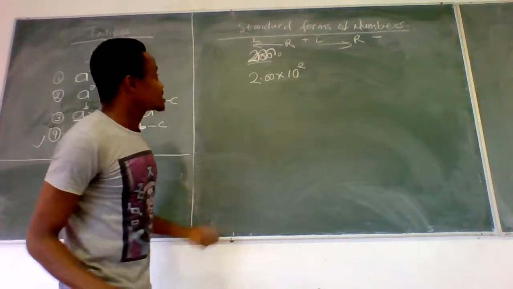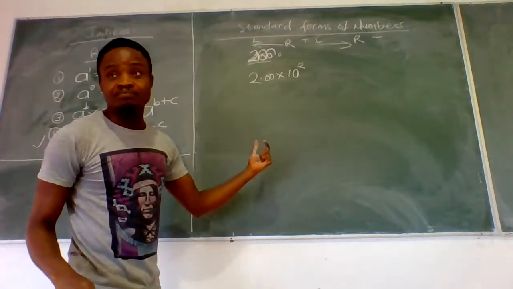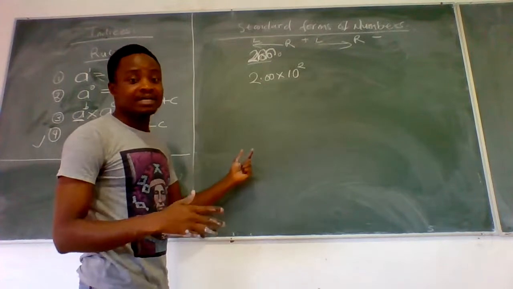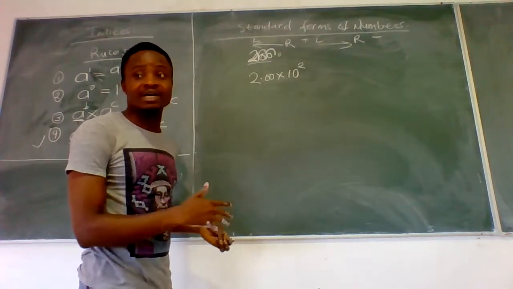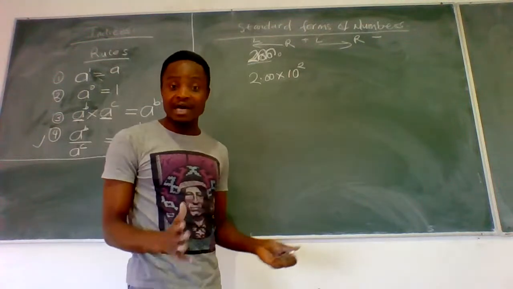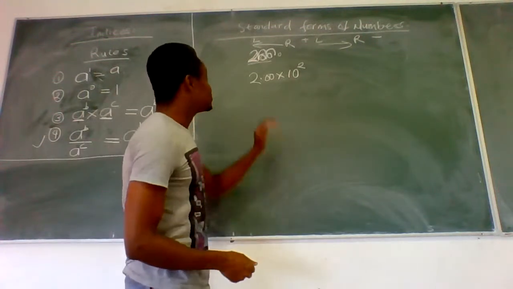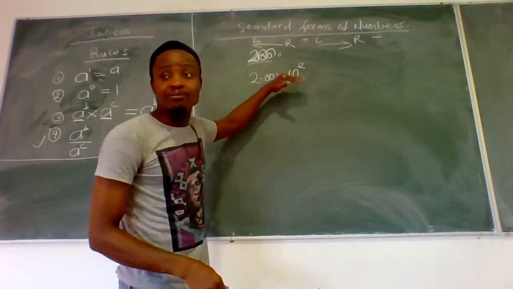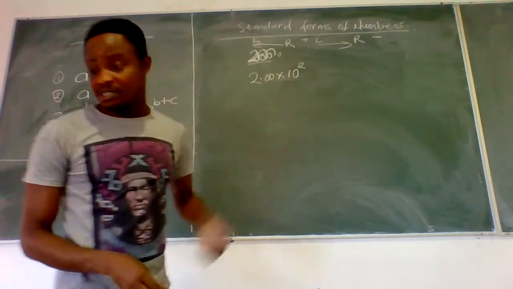Another importance of scientific notation is to compare numbers. The power will tell whether one is bigger than another. Sometimes when you have 0.00 something, you don't know how large or small it is, but when you write it in this form, you can compare those two quantities.